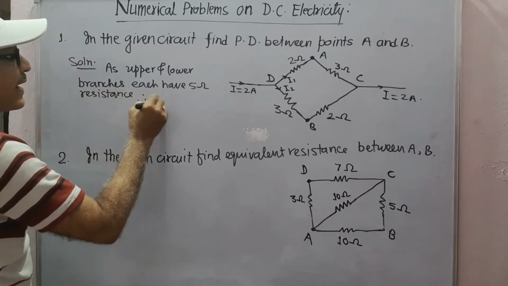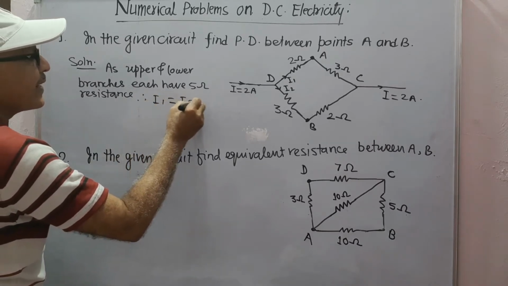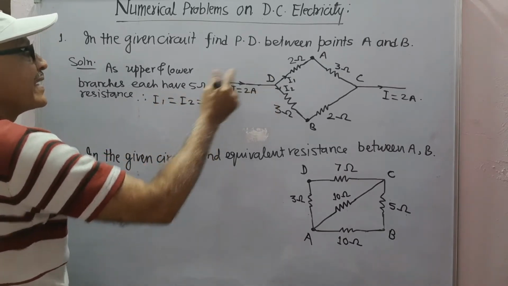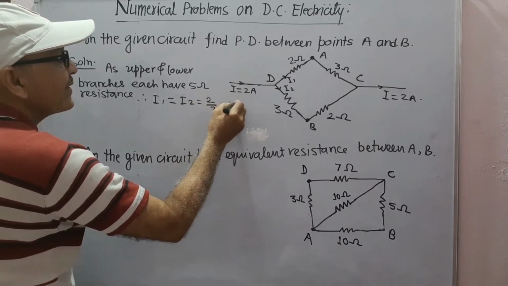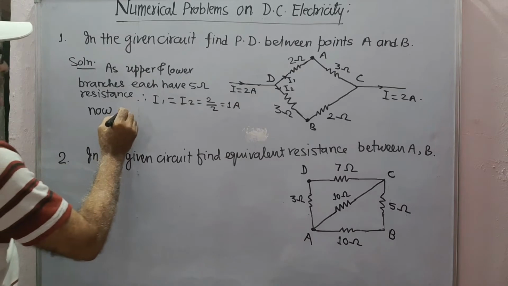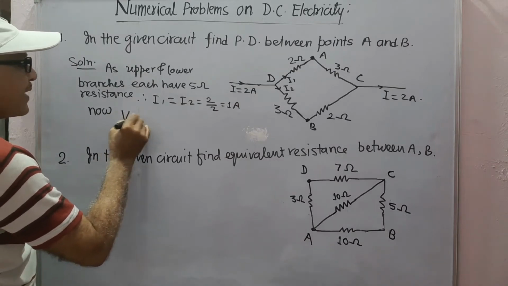Therefore, current I1 will be equal to current I2, which is I by 2, meaning 2 by 2, equal to 1 ampere.